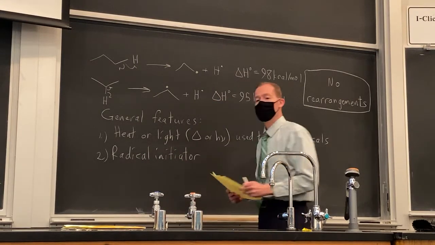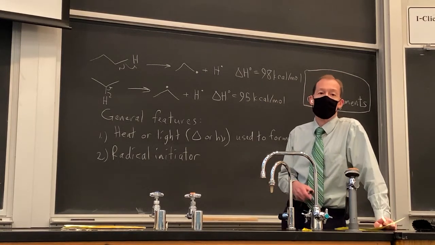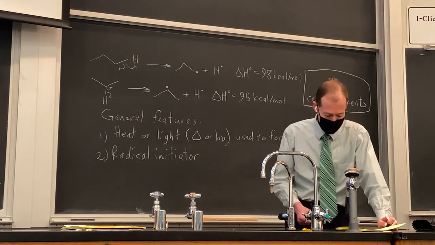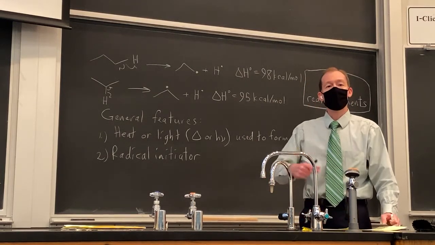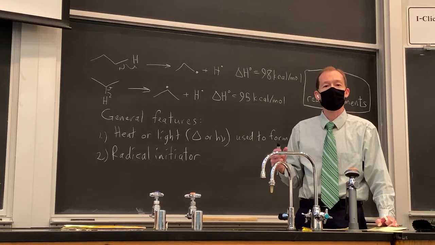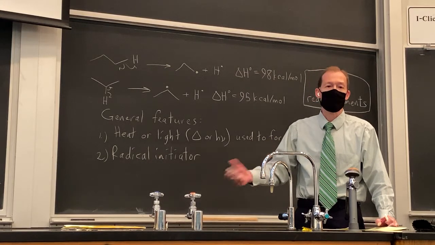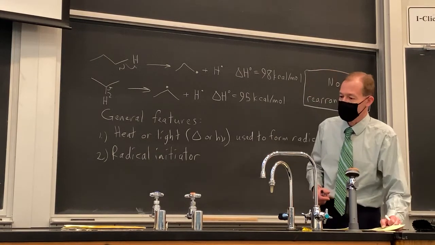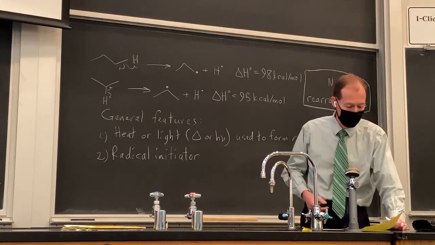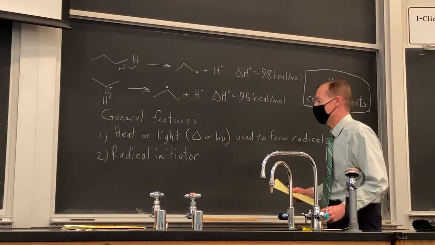A radical initiator is a molecule that has a weak sigma bond that can be cleaved using heat or light. And then the radicals that result can be used to react with your desired starting material to generate new radicals. In 2 lectures from now, we'll go over an example of a reaction involving a radical initiator.